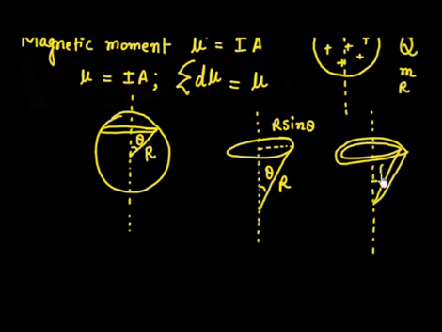So this is at theta, and this is theta plus d theta. We can calculate what is the thickness. You see, this is the thickness of this disk. So this is again r d theta. Thickness of disk is r d theta.